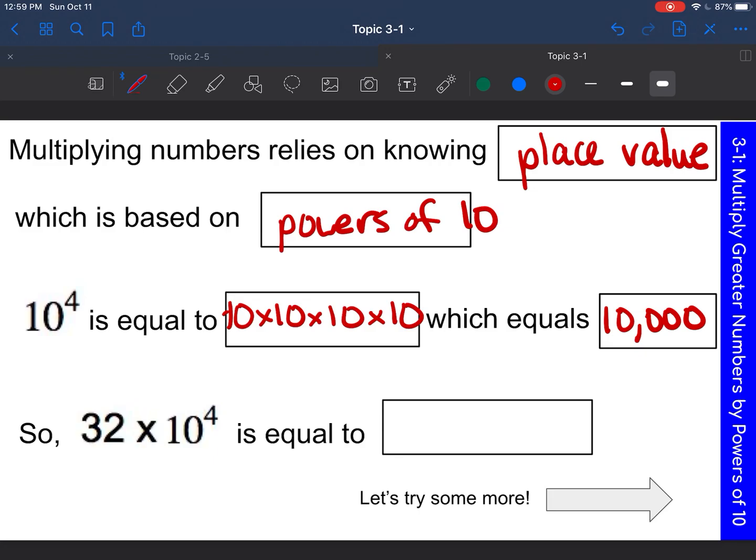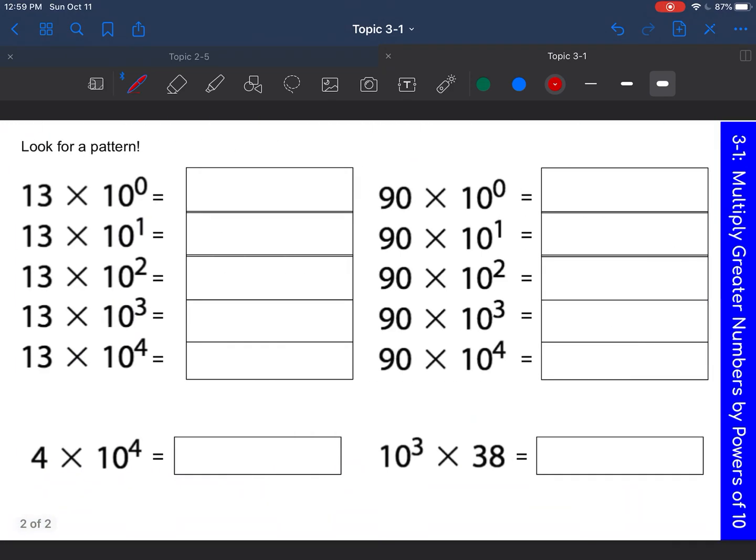So we have expanded form and standard form. 32 times 10 to the power of 4 is equal to 32 with 4 zeros, or 320,000.